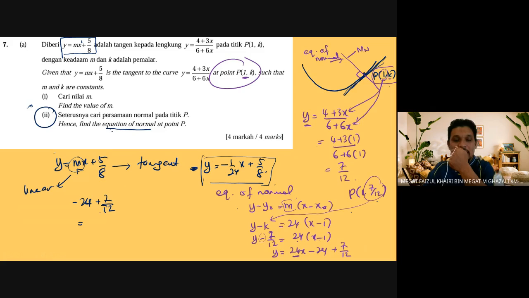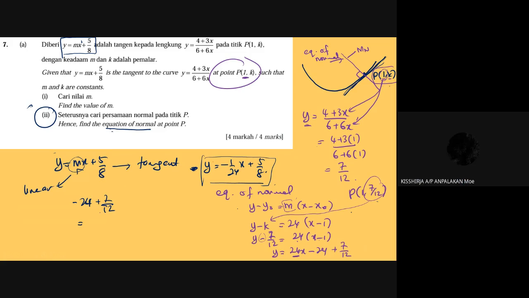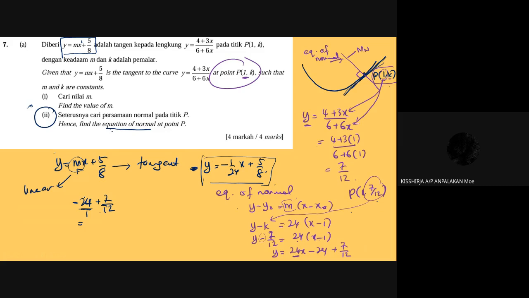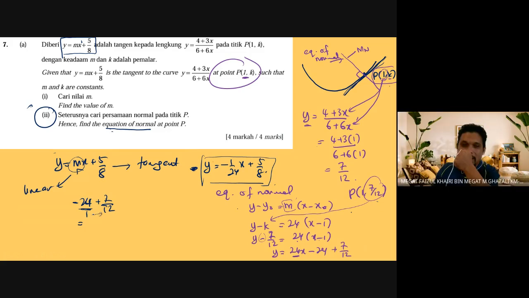Okay, you use a calculator, am I right, Kiki? Okay, let's use the traditional way. This is an integer, negative 24, and this is a fraction, 7 over 12. So just imagine negative 24 over 1 plus 7 over 12. So what did I mention to you just now? Once you want to add, make the denominator the same. Equalize the denominator.